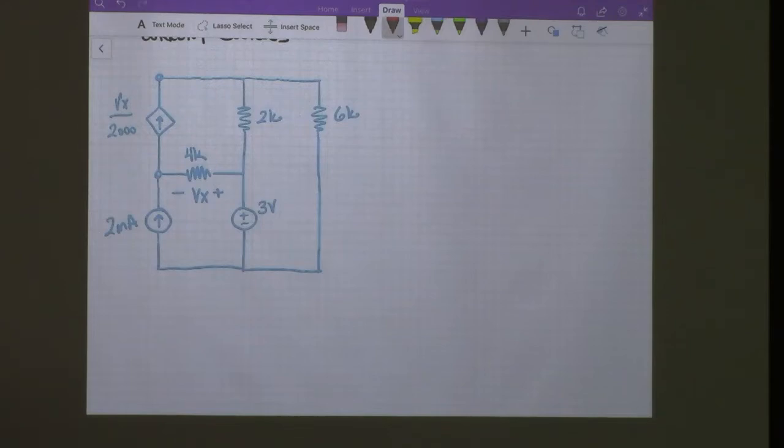All right, so step number 1 is going to be to label the circuit. So let's see here. I'll try to use the same. This is node 1.